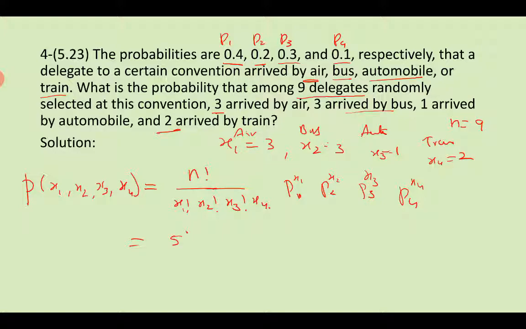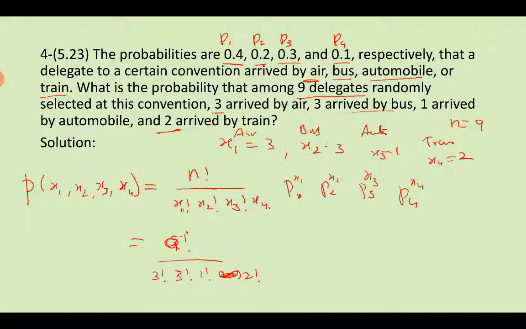So n factorial is 9 factorial, x1 is 3, 3 factorial, x2 is 3, again 3 factorial, x3 is 1, 1 factorial, and x4 is 2, 2 factorial.